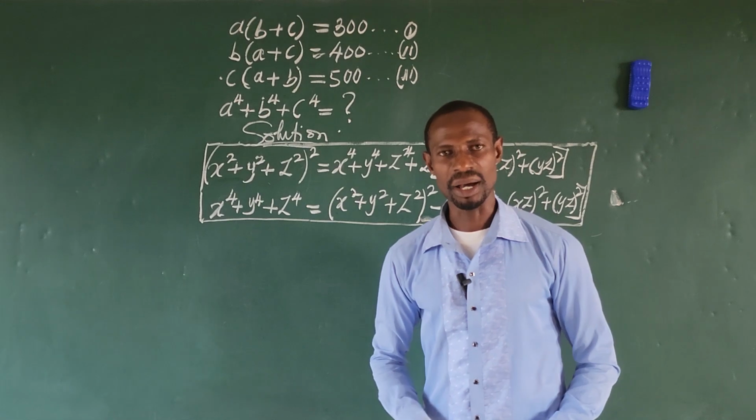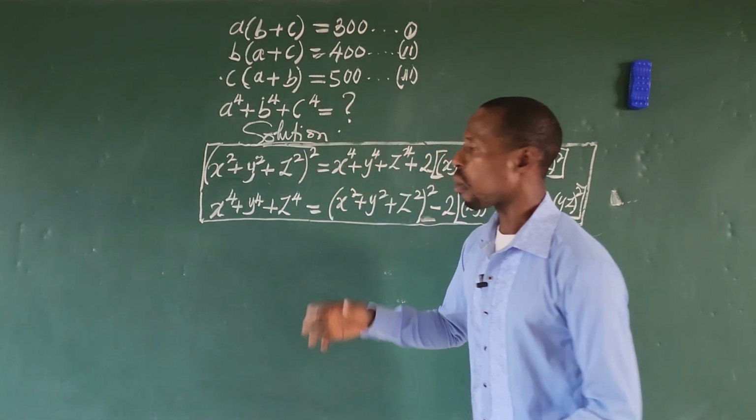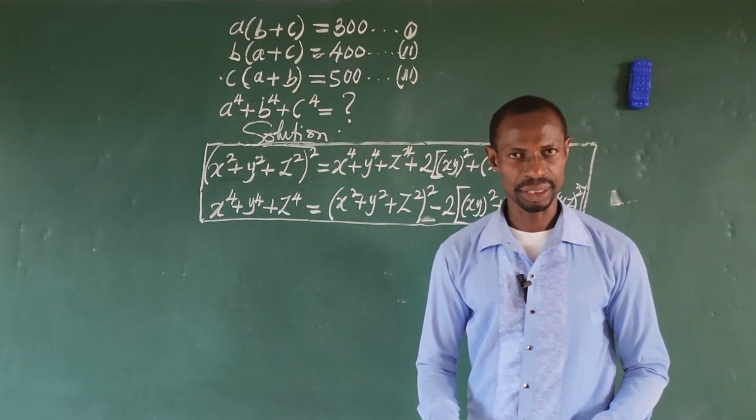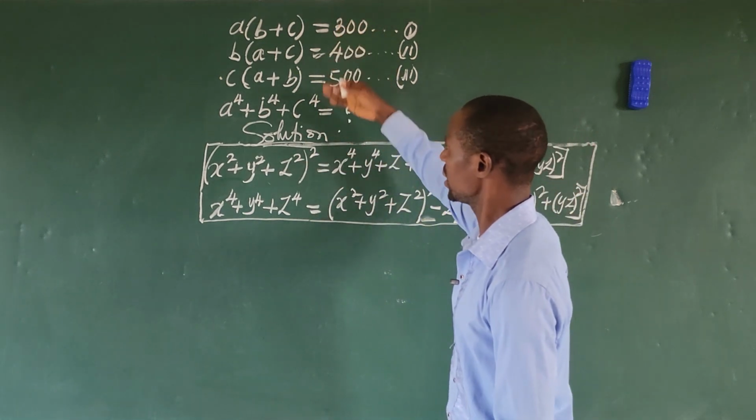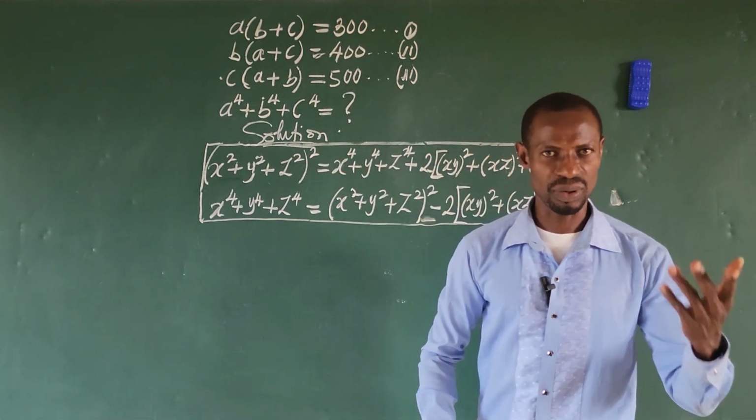So how do we go about this? We have to solve for what is called the solver equation. And what do we mean by solver equation? We have to add all these three equations together and see what this gives us.